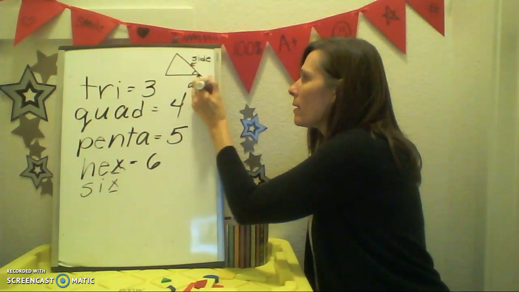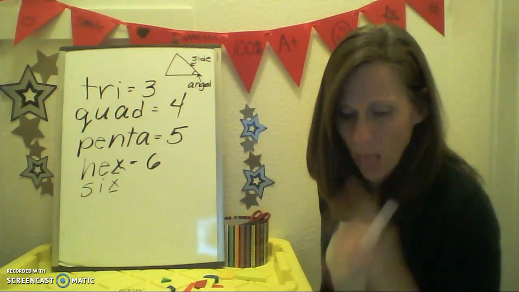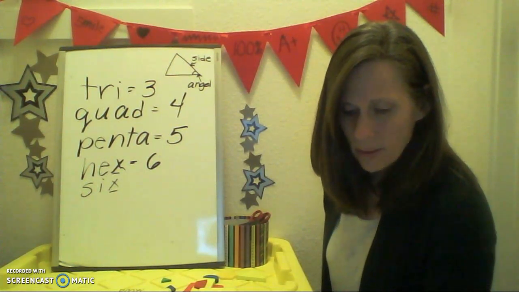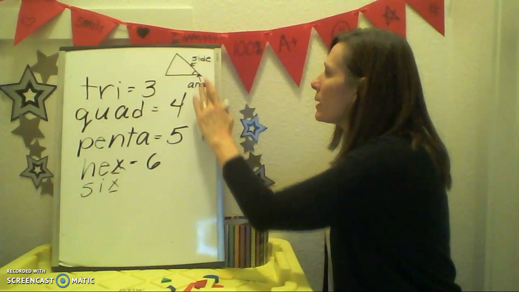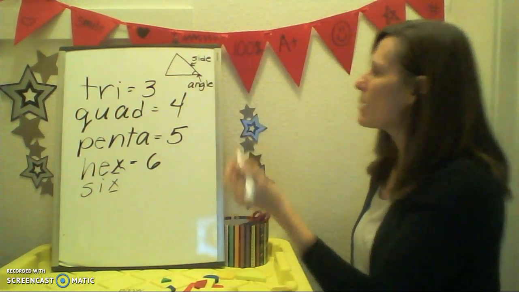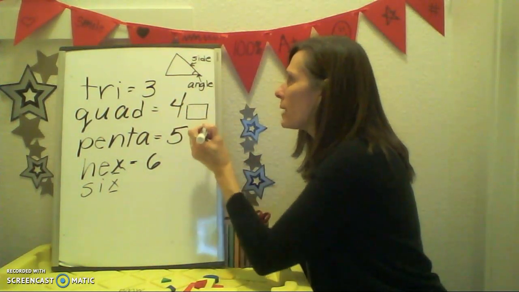That's what we're thinking about in second grade. I think I wrote angel instead of angle. There we go. The same with a square or a rectangle, that would be a quadrilateral.